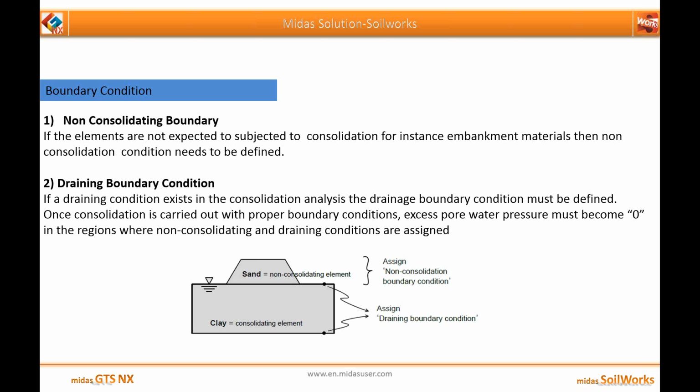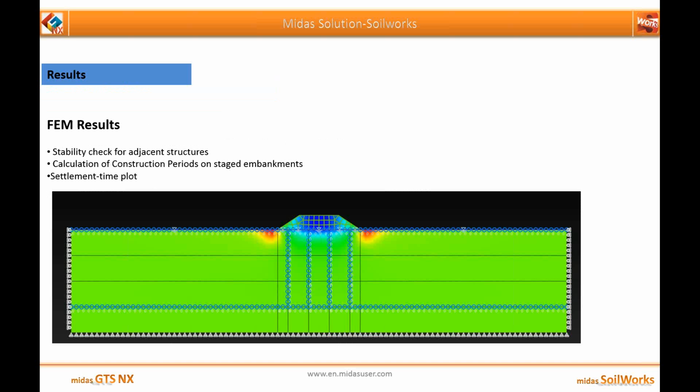Now finally moving on to the presentation part. In the finite element results, here you can go for a stability check for adjacent structures if particular consolidation is taking place, which cannot be done in 1D consolidation, because there you will only be able to consider the settlement along a particular line. But here you can consider the whole model as a continuum model, and hence can study the effect on adjacent structures.